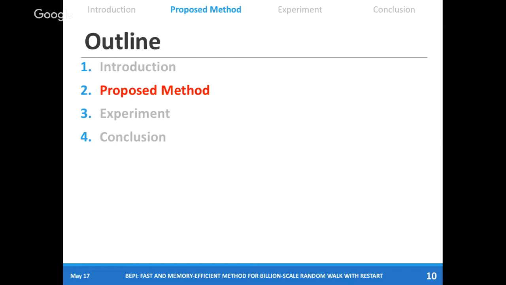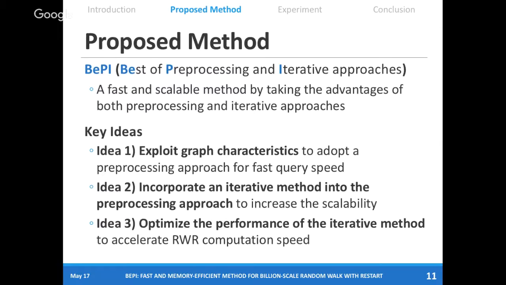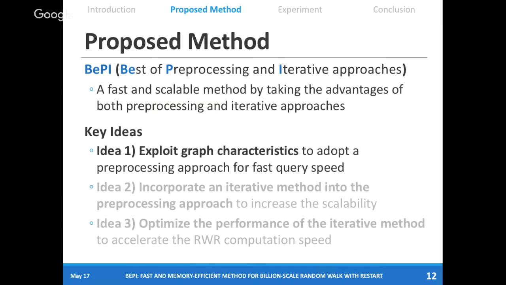Let's check our proposed method. We propose BePI, which stands for best of pre-processing and iterative approaches. BePI is a fast and scalable method that takes advantage of both pre-processing and iterative approaches. Our key ideas are summarized as follows. Let me explain the idea step by step.